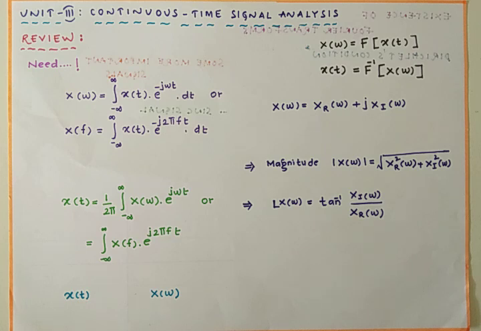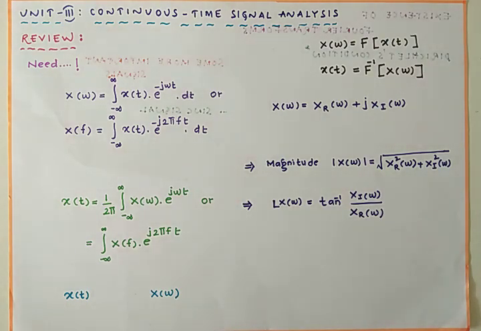One more important thing about the Fourier transform is that it converts the time domain signal into the frequency domain signal. A time domain signal is one in which the amplitude of the signal is represented with respect to time, whereas in the frequency domain we study the amplitude behavior of the signal with respect to frequency.